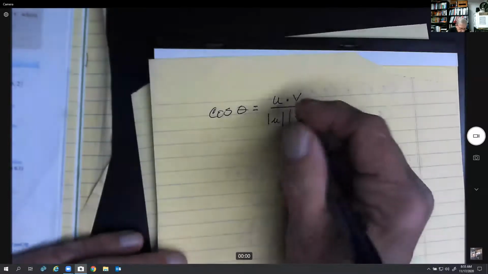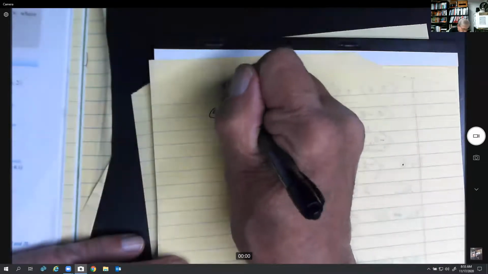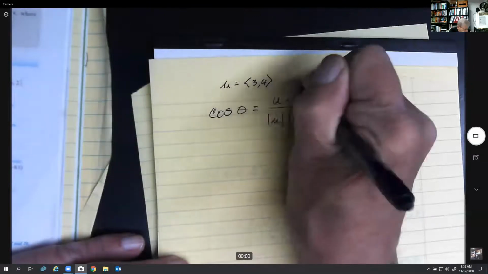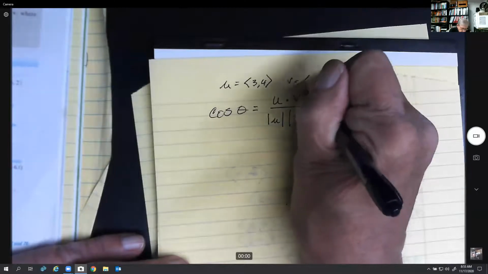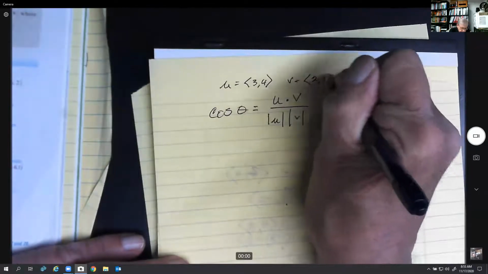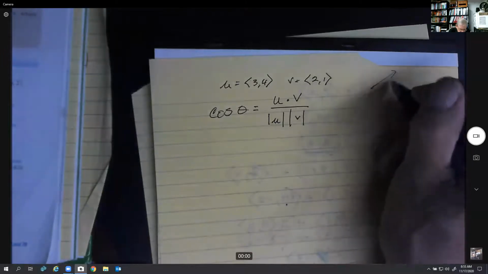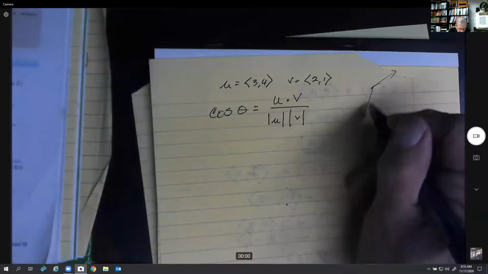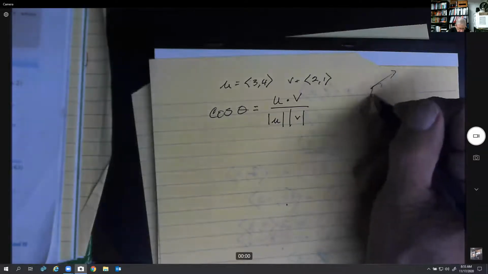So here we're going to use the dot product. In this problem, they're saying u is 3, 4, and v is 2, 1. We have these two vectors, and they end up at these points, maybe something like this. We got this distance, we got this distance, and we want the angle between them.